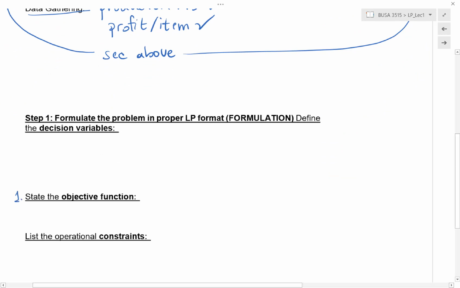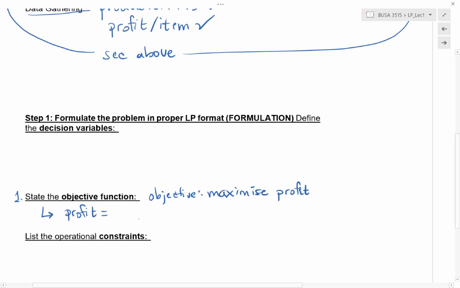So our objective is to maximize our profit. So that profit function is actually our objective function. Our objective is to maximize our profit, so our objective function is the profit function.